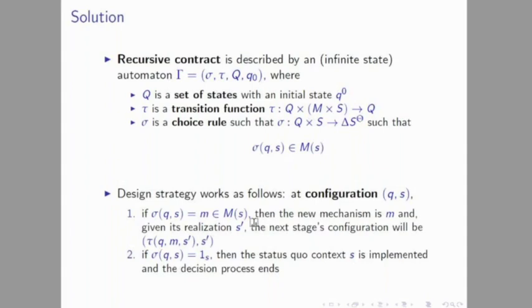So the objective of the contract is to be robust against any renegotiation at any stage of the procedure, after any hypothetical history of renegotiations. That's the intuitive content of the contract.